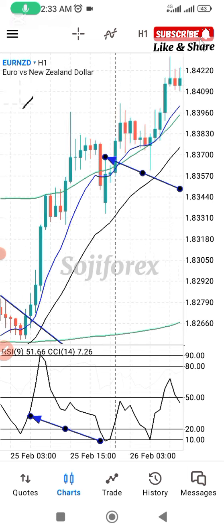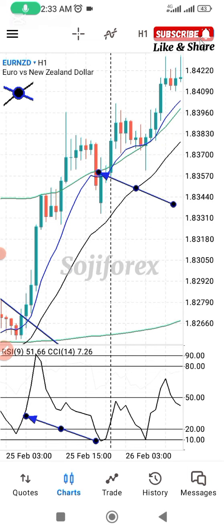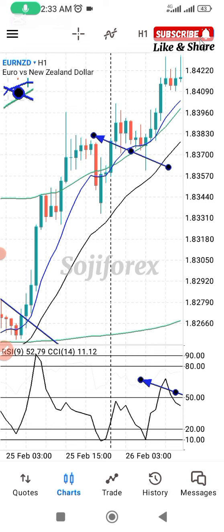And here we have this particular pullback again. Now look at what happened at this zone. Price came and then began to retrace, and it pulled back all the way into this particular moving average. Now look at this.